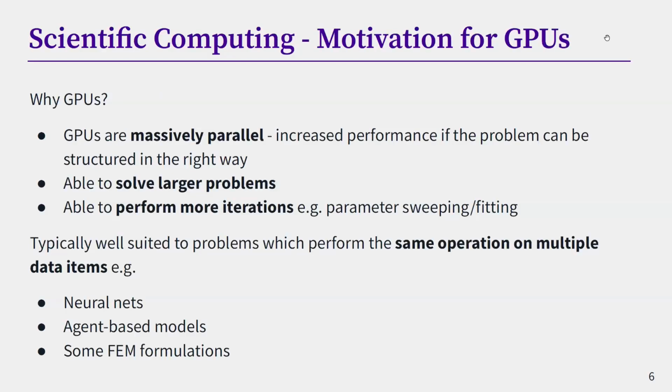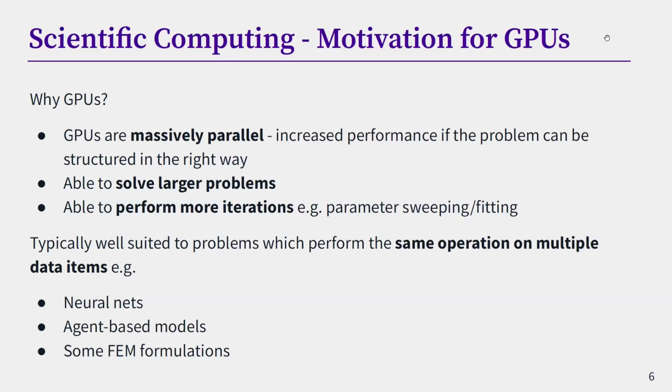So why do we use GPUs? Obviously, you might have a performance requirement, or a very large problem to solve. GPUs are good at solving large problems if we're able to break them down in such a way that we're doing lots of the same thing at once for different items of data. We can perform a lot of iterations very quickly, and we really get this performance out.